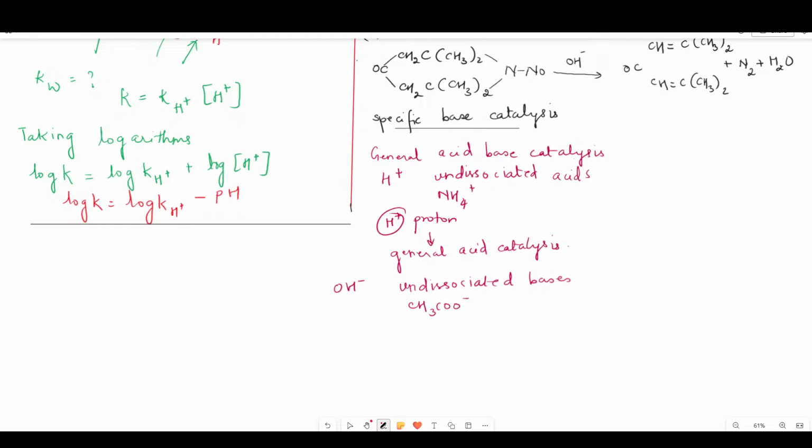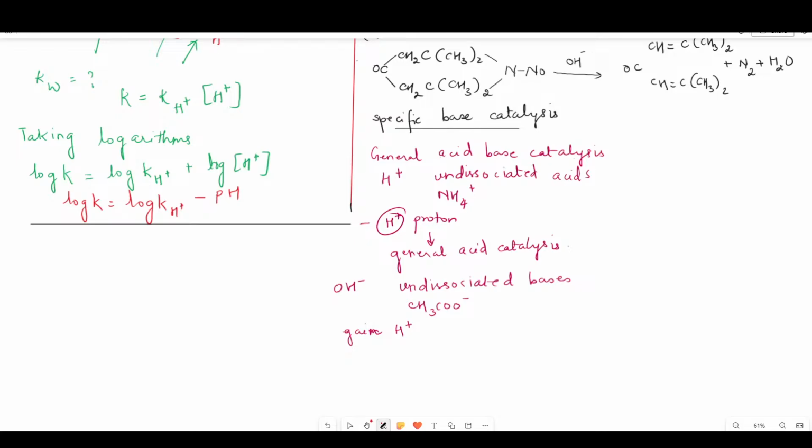So in general, all substances which have a tendency to gain a proton can function as a catalyst.